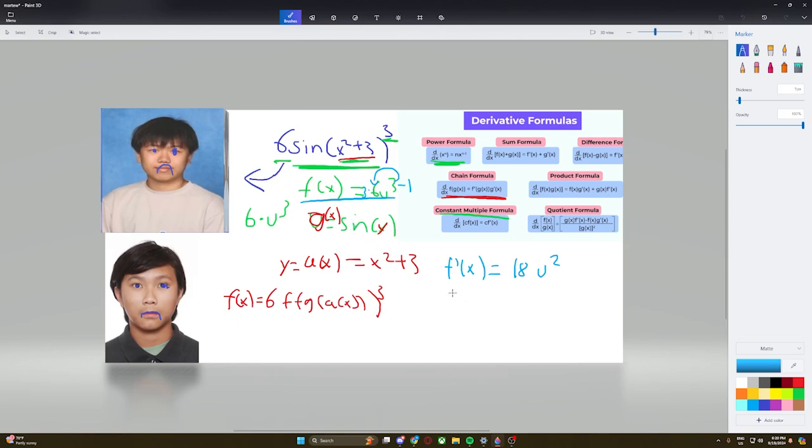So then we get f prime x equals 18 sin of y squared. Oh, scary, huh? And then if you see chain rule, it's multiplied by the derivative.